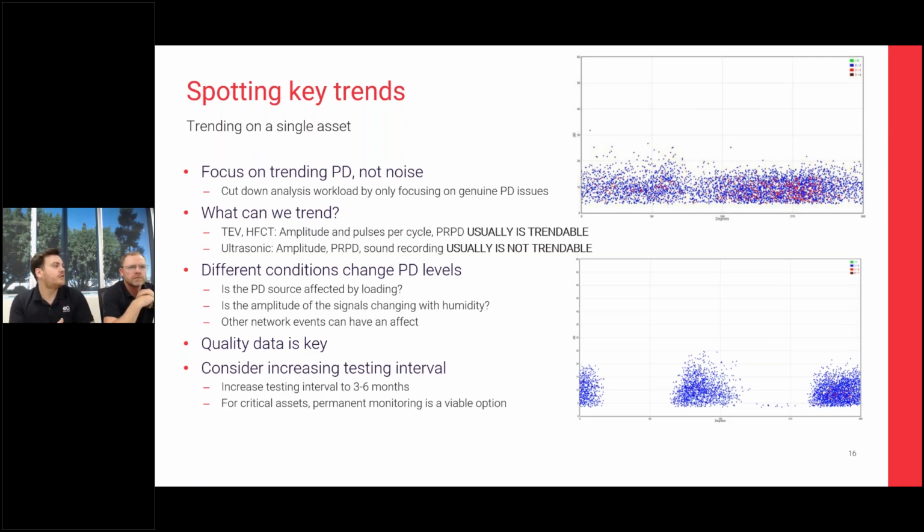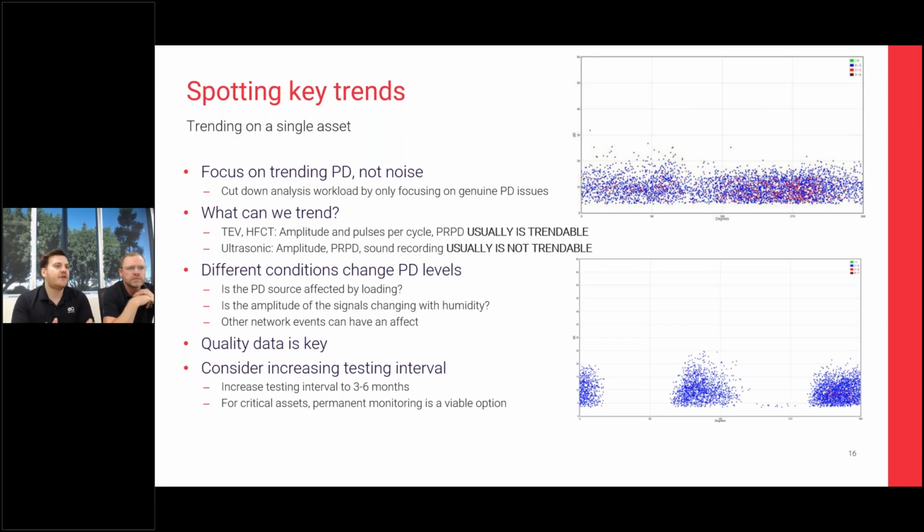We work with a lot of clients who put a lot of effort into tracking what we've later turned out to be noise, if it's caused by some sort of electromagnetic or ultrasonic interference that they've been trending over the years. It is something that we try to get away from by using the partial discharge patterns and by confirming something is PD before you go down the path of trending it.